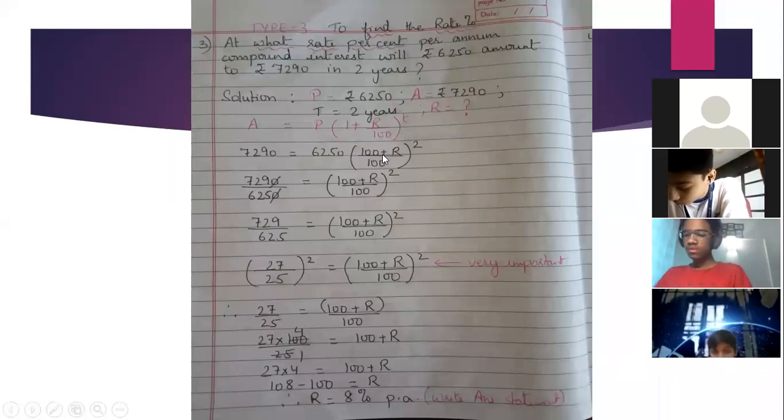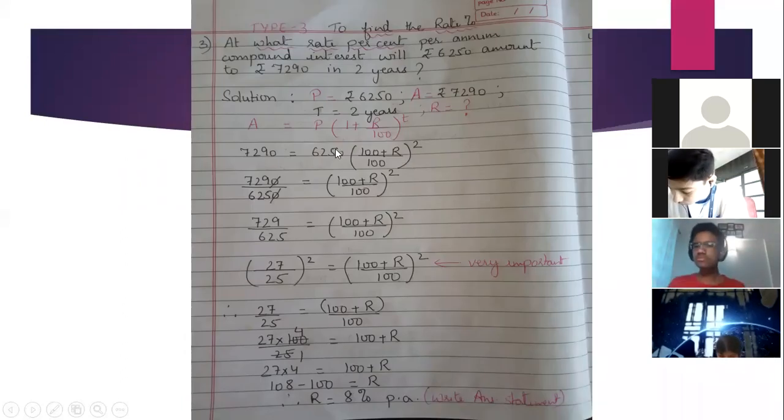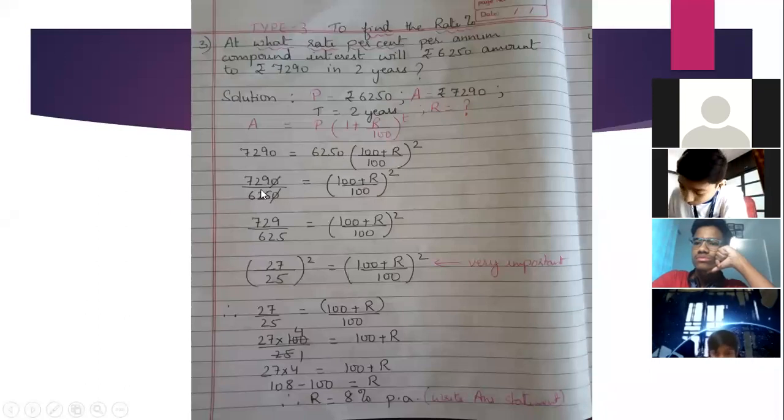100 R means 100 and R are getting multiplied. But here 100 and R are not getting multiplied, they are getting added. So 100 plus R upon 100, put the bracket and power 2. Now this bracket is getting multiplied with 6250. Once you transpose 6250 to the left side, it was in the numerator, there it will go in the denominator.